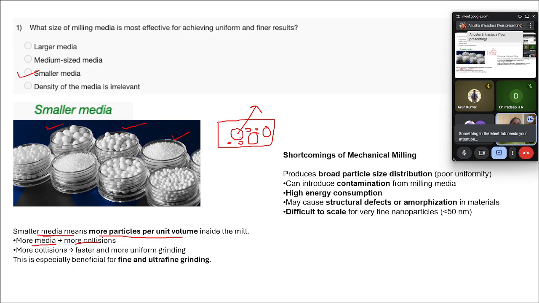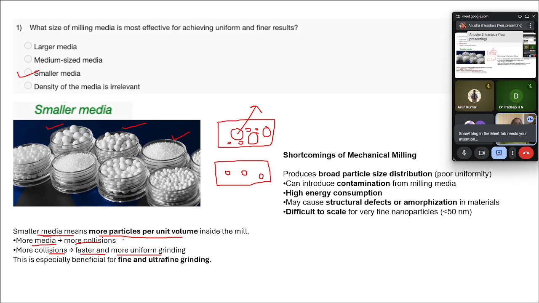If they are small in size, like these are large, suppose in the same mill there are smaller milling media or smaller balls. Remember, whenever I say media, media means these balls. Milling media are these balls. So there would be more collisions, and because of more collisions, there would be faster and more uniform grinding. Because what we are doing ultimately is grinding.